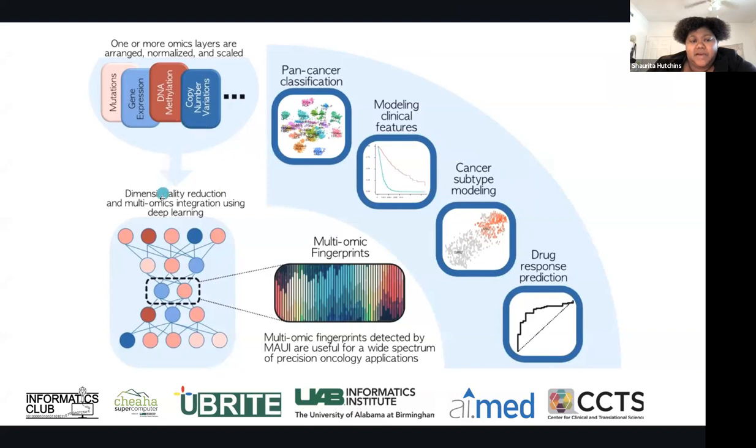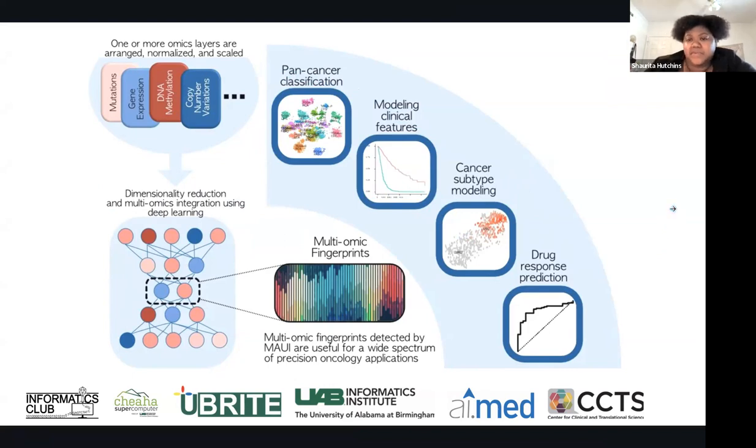And then in a lot of cases, you might want to look at how that relates to deep learning. How can we use deep learning to integrate these data sets? Here on the right, you're looking at how we classify cancer across all cancers.